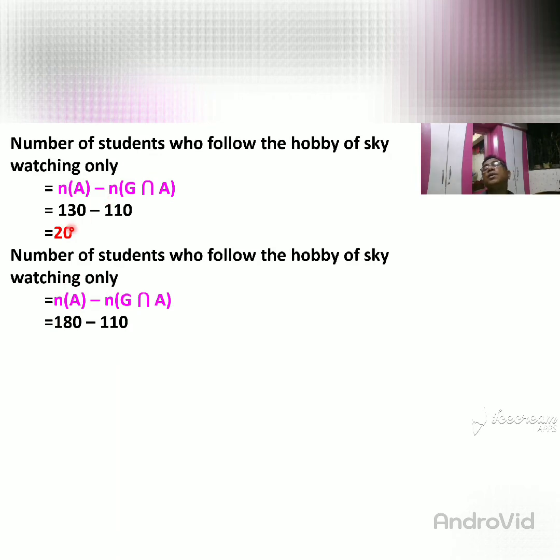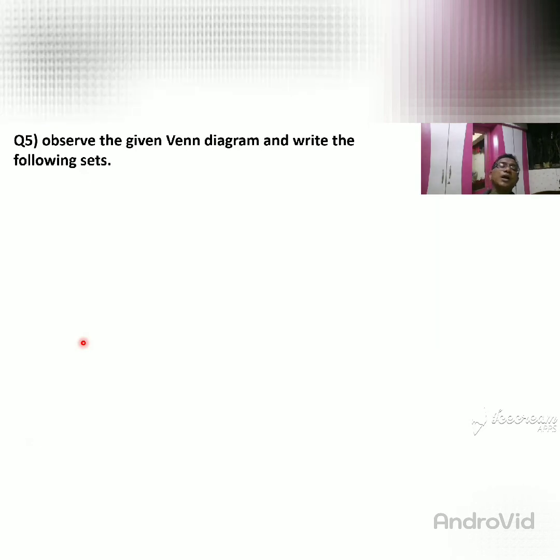So this number was taken by mistake, don't think about that. This is taken correctly: number of A minus number of G intersection A. So number of A is 180 minus 110. Why minus? Because they are having both of them. So we get 70. Those 70 students like to watch sky.